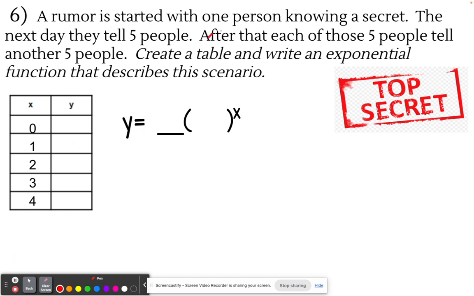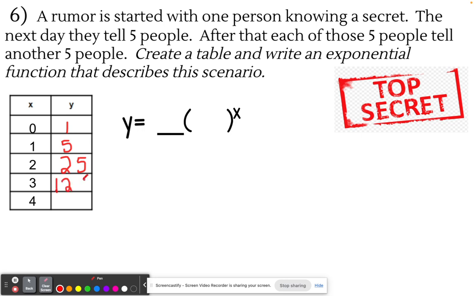Here we had a person started a secret. One person knew the secret. The next day, they tell 5 people. So the next day, we have 5 people. After that, each of those people tell 5 people. So each of those ones tell 5. So we're at 25 people they told. In day 3, they told 5 people. We have 125.